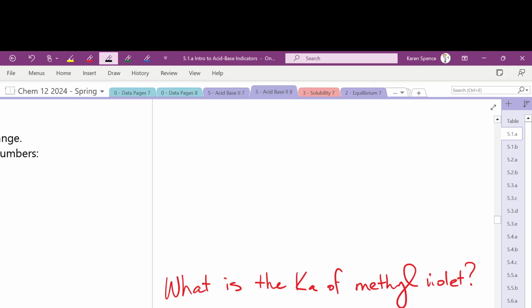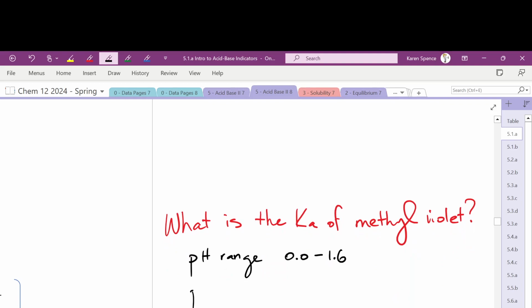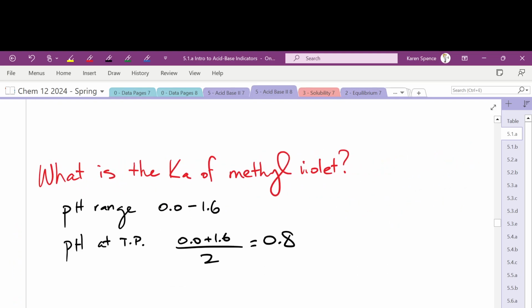And we know that the pH range was 0.0 to 1.6, and that means that the pH at the transition point was 0.0 plus 1.6 divided by 2, which is equal to 0.8. Could you get to the Ka?